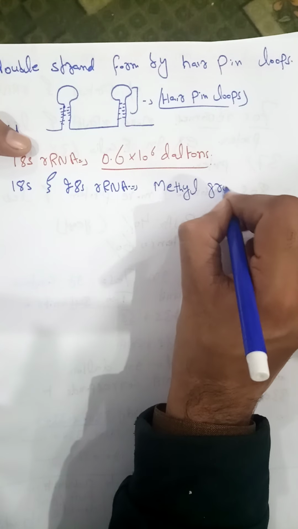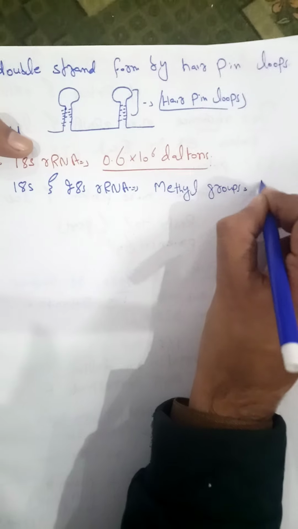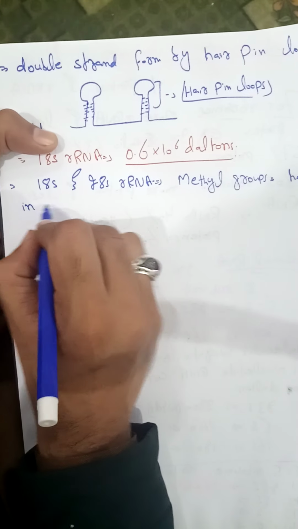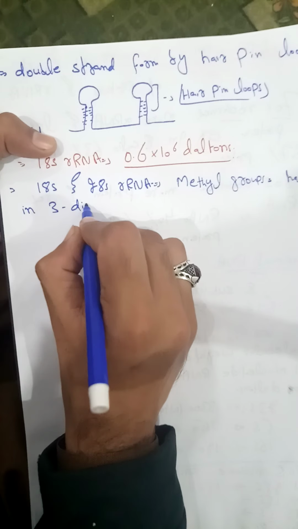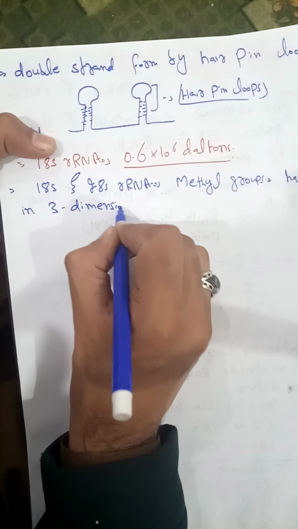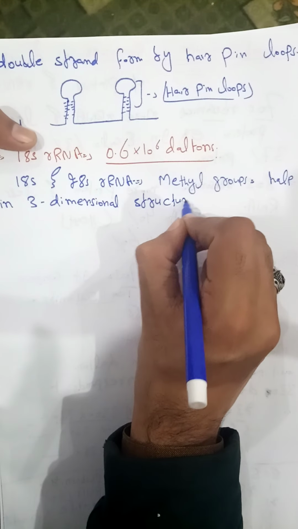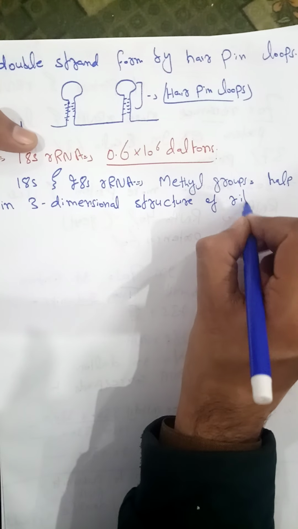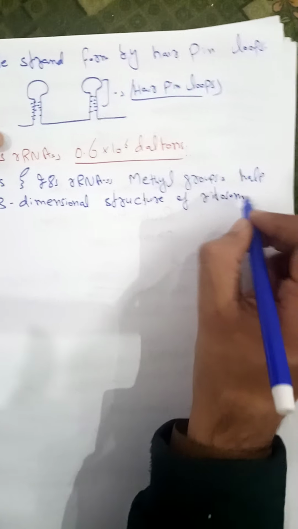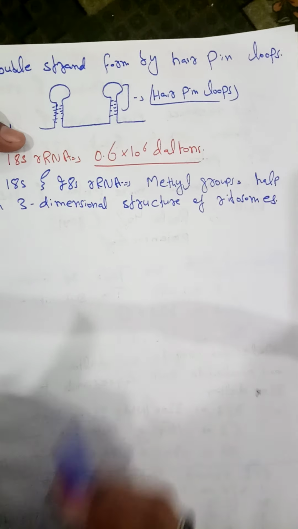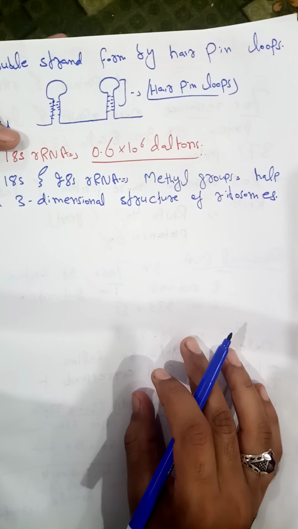These methyl groups help in the three-dimensional structure of ribosomes. So this is the 28S and 18S ribosomal RNA.